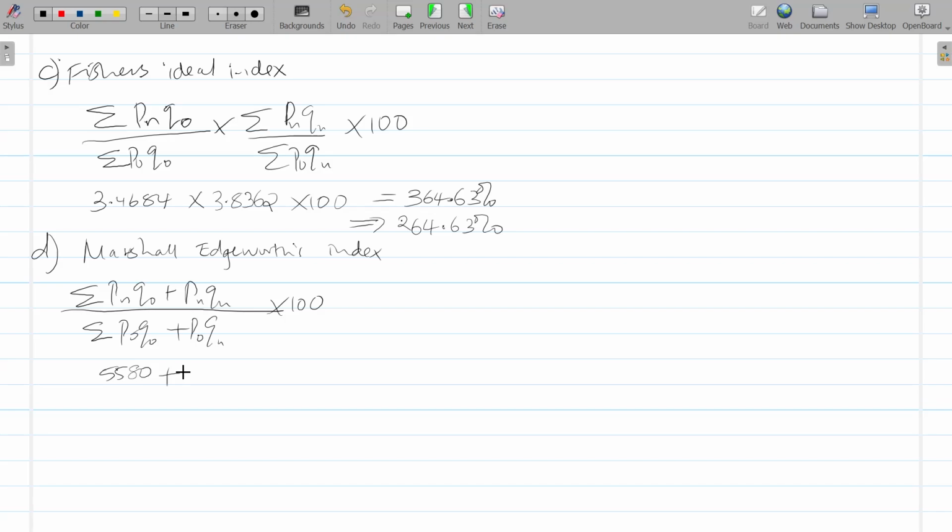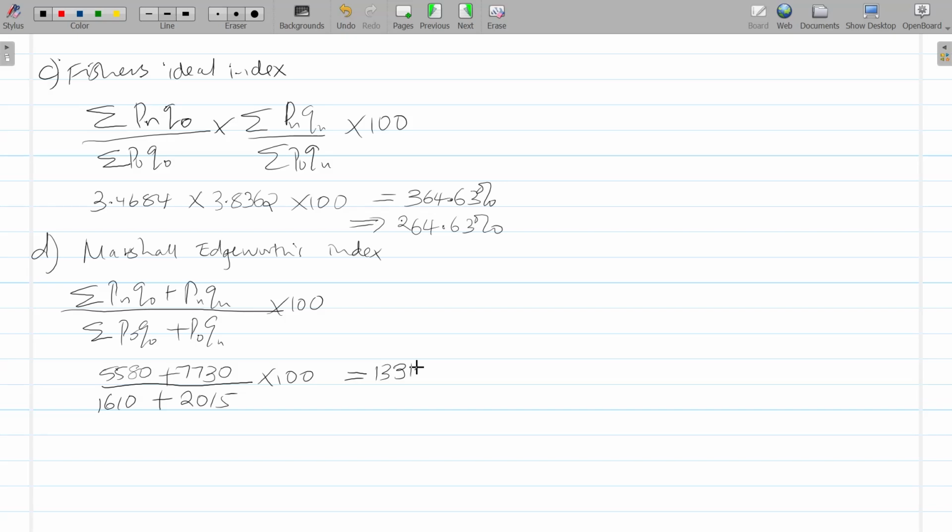So Pn Q naught summation is 5,580 plus summation of Pn Qn is 7,730 divided by summation of P naught Q naught is 1,610 plus summation of P naught Qn, which is 2,015. Then we multiply by 100.